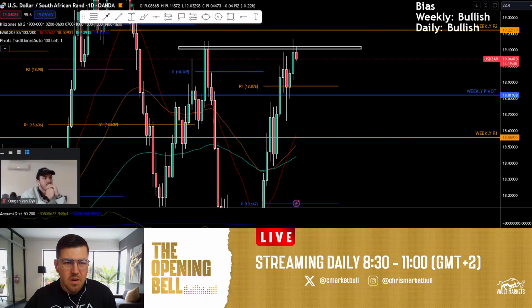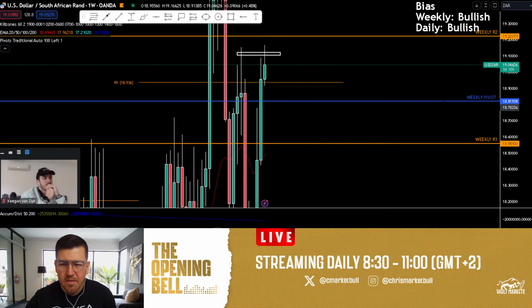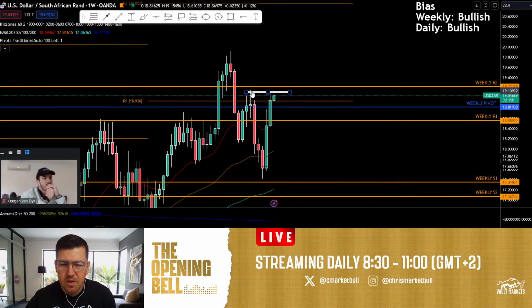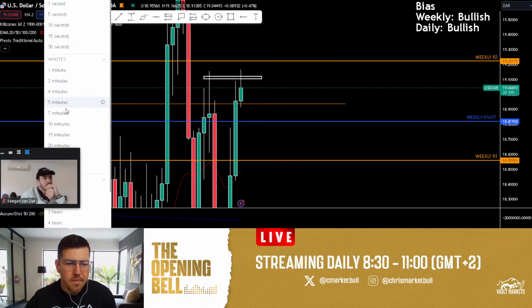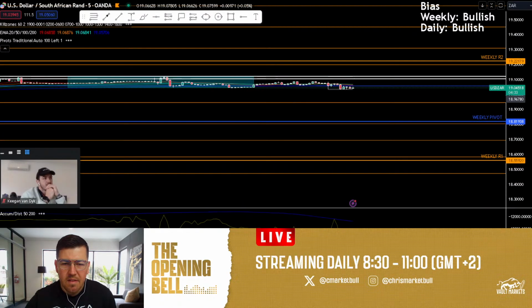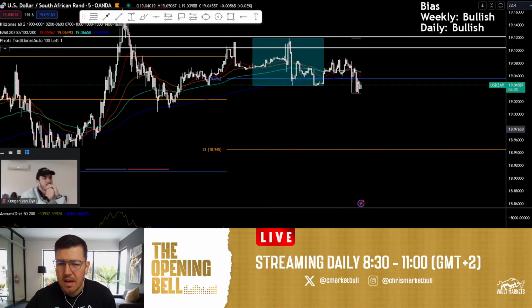What also makes this quite tricky is if you look on the weekly, this was our previous swing high level, because from there we actually broke structure to the downside. So pivotal level today for us would be this round number 19.